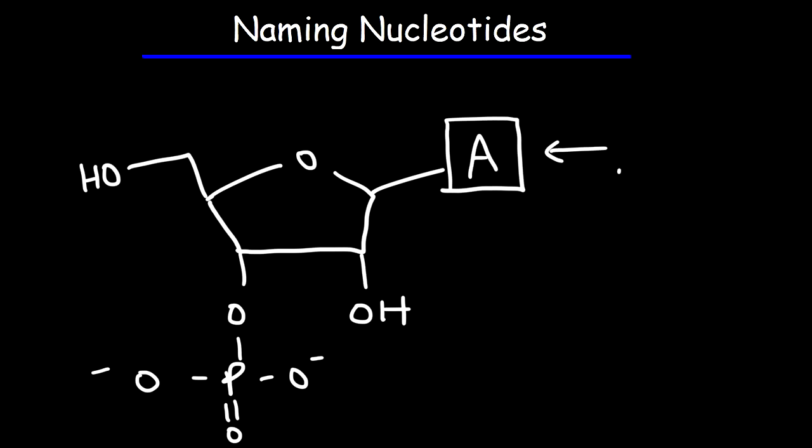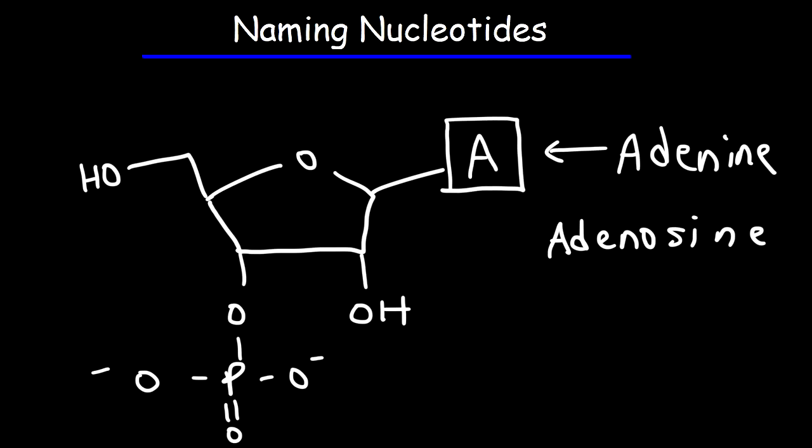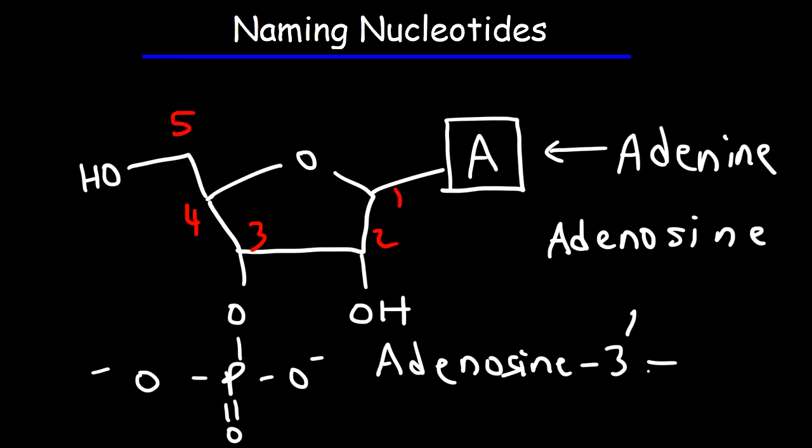So given the base adenine, once we combine it with the sugar, it becomes the nucleoside adenosine. Now the phosphate group is located on carbon 3 of the ribose ring. So to put it together, we're going to start with the name of the nucleoside, adenosine, and then specify the location of the phosphate group. So adenosine-3-monophosphate. And so that's how we can name that particular nucleotide.